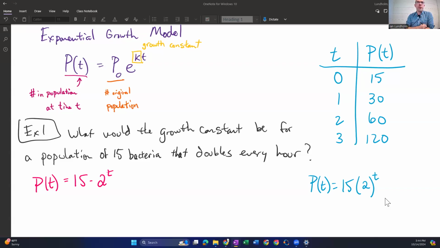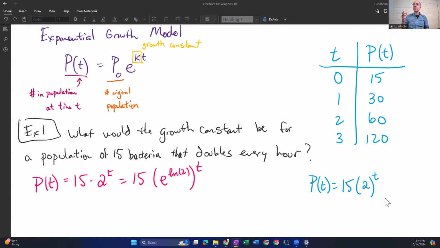The thing about 2 is that we can rewrite it as e to the ln of 2. So we can write 2 as e to the ln of 2. Yikes. And then raise that to the t power.